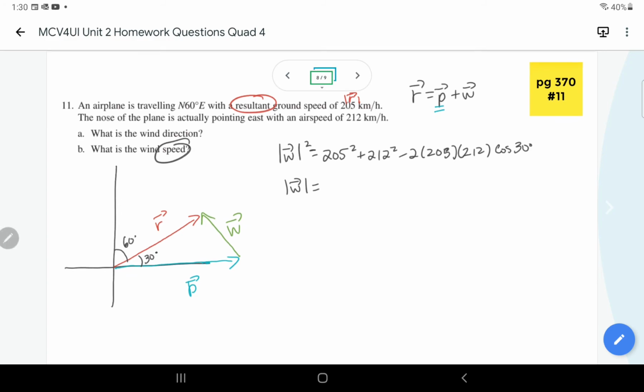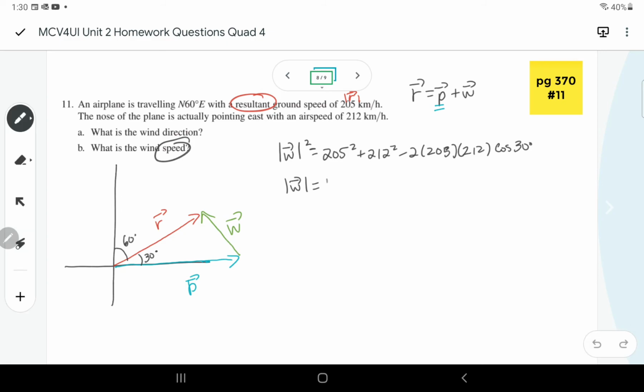Okay, so I get that the magnitude of the wind is going to be 108.14 kilometers per hour. Then I want to figure out from here what the direction of the wind is.